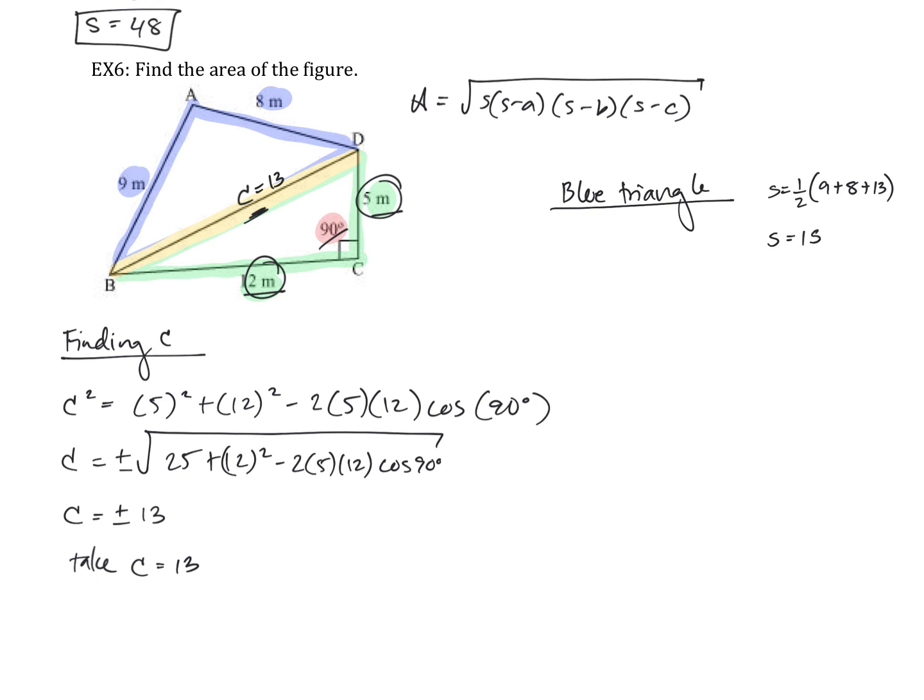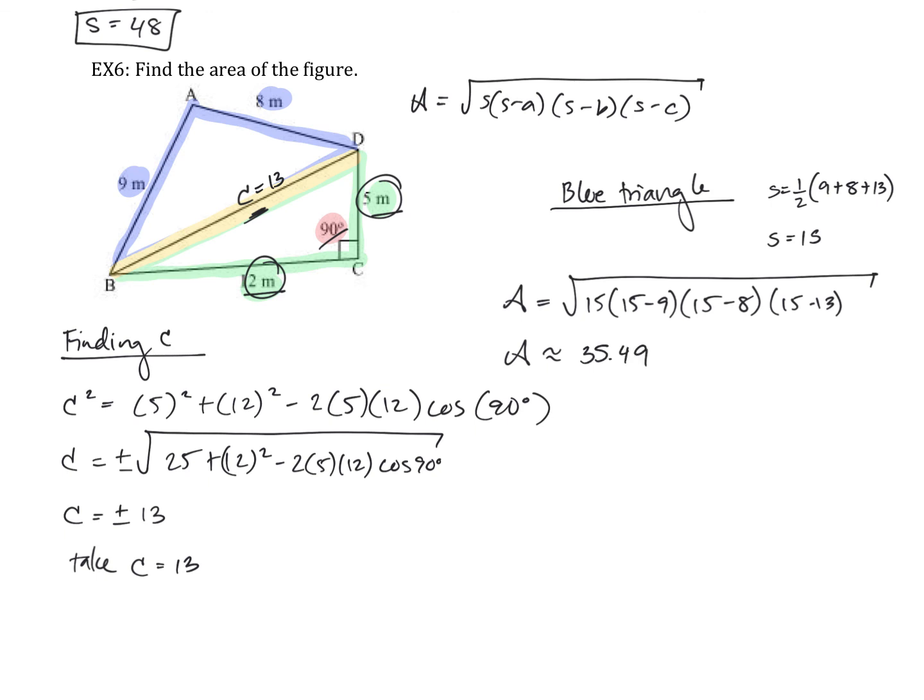So then A is going to equal the square root of 15 times 15 minus 9 times 15 minus 8 times 15 minus 13. Okay, so then A is going to be approximately equal to 35.49. Okay, so that's the area for the blue triangle.